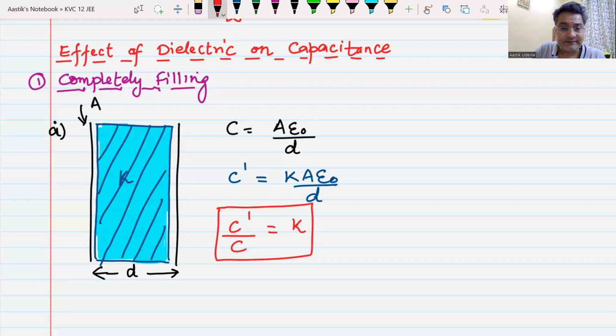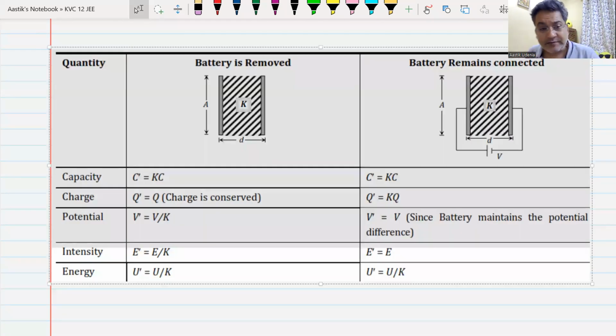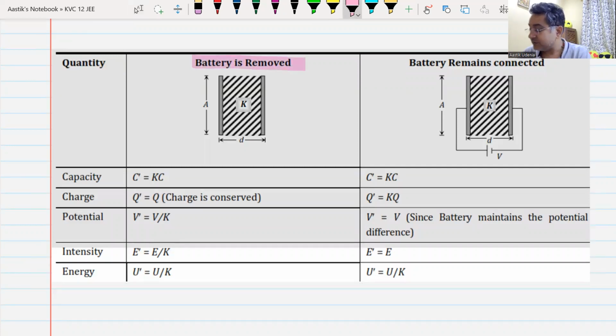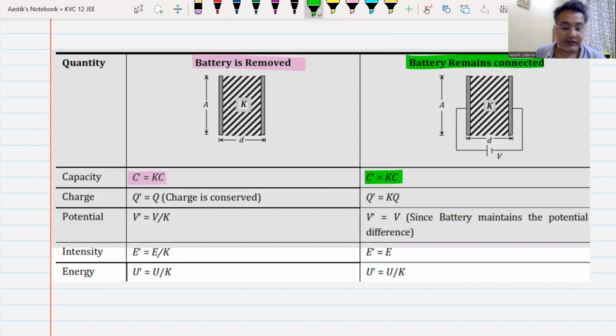Do we understand this? In both the cases, the pink case is battery removed, there is no battery. The green case is battery connected. In both the cases, the dielectric is completely filling up the space. The capacitance becomes K times.